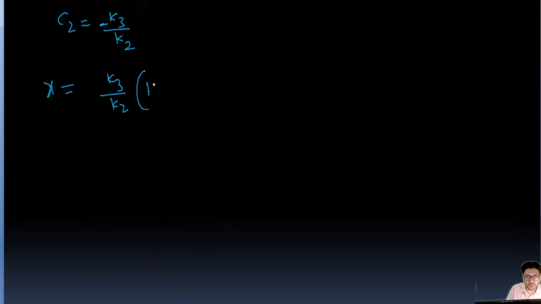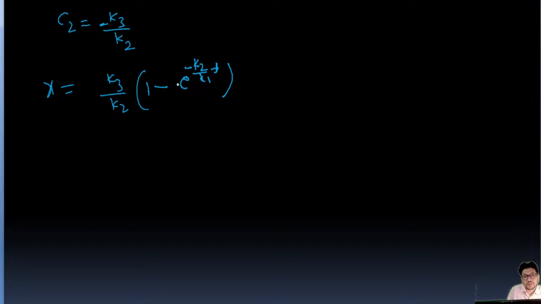So this is going to be 1 minus e to the power minus k2 upon k1 t. Okay, so this is the value of x.